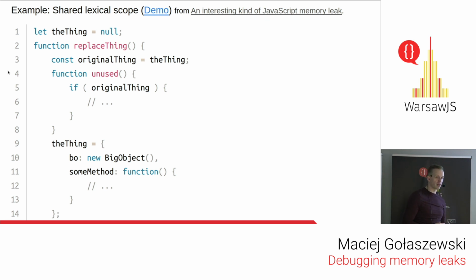But actually, even though the method is not called anywhere, it is using the same lexical scope as the second function, and on subsequent calls to replaceThing, we keep the reference to the previous one, to the previous methods defined here, and I will show you on the demo.